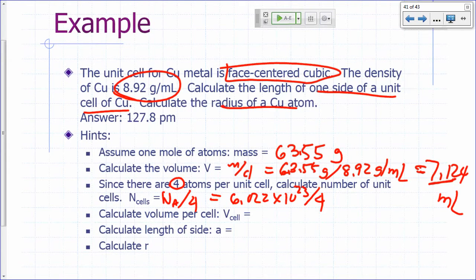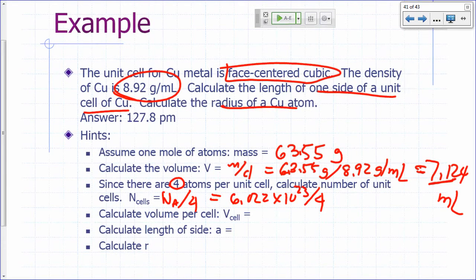So what's the volume of a unit cell? You have the total volume. You have the number of unit cells. You divide the total volume by the number of unit cells.